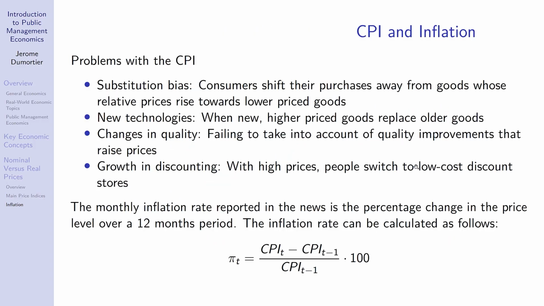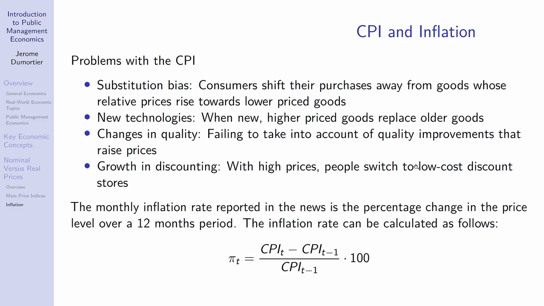Now, of course, there are problems associated with the CPI, and we have touched on them before. For example, there is what is called the substitution bias, in the sense that if the price of one good increases, consumers shift away from that good and purchase goods that are lower priced.